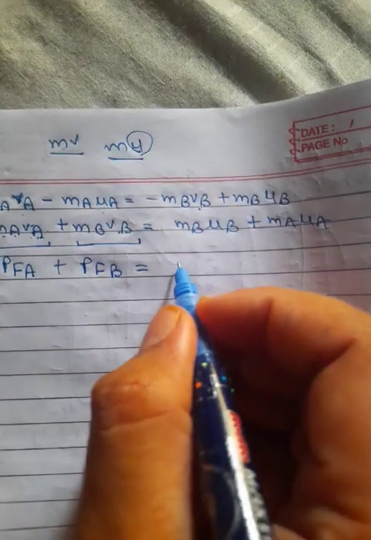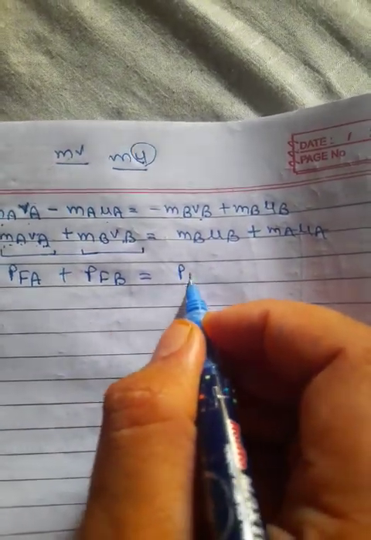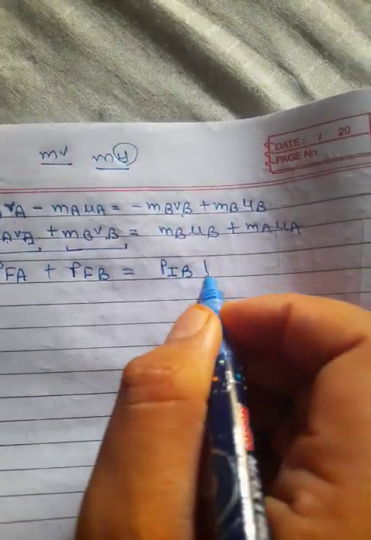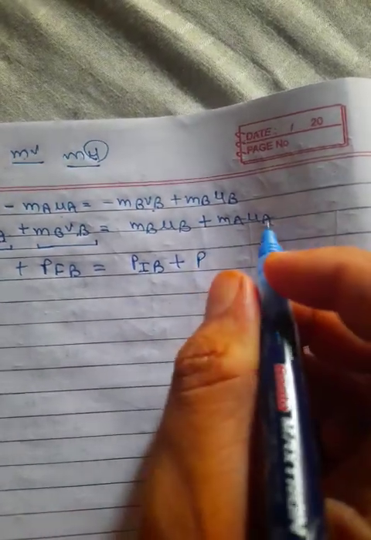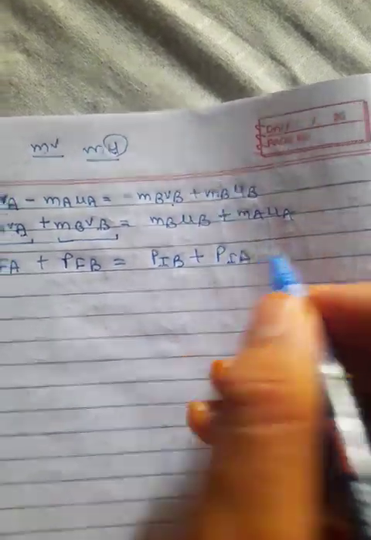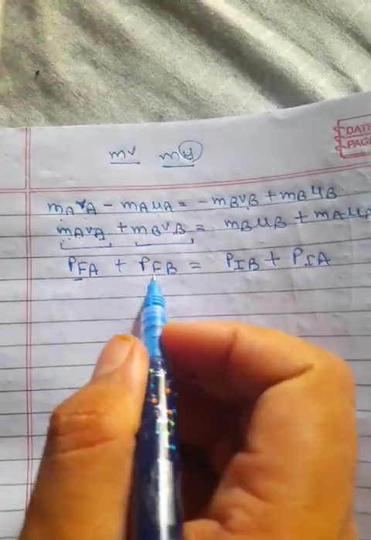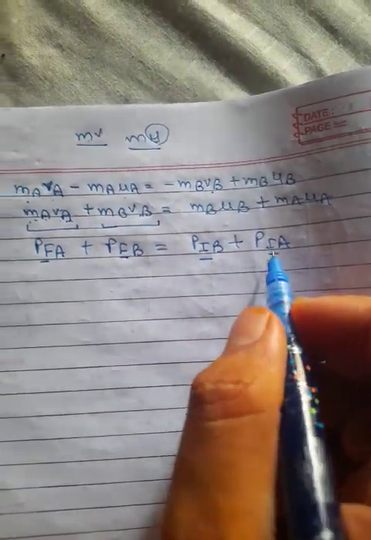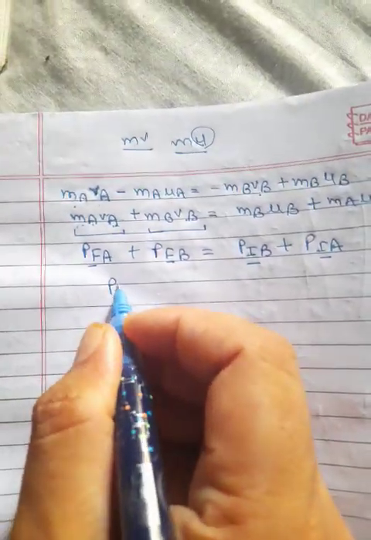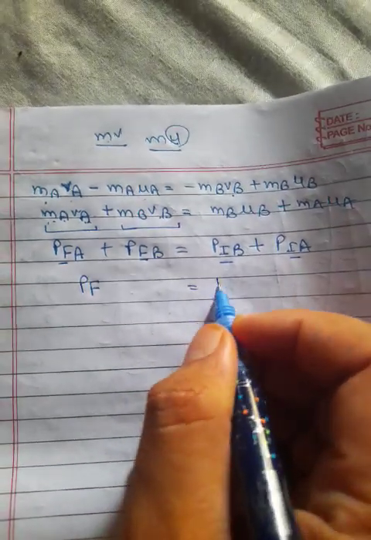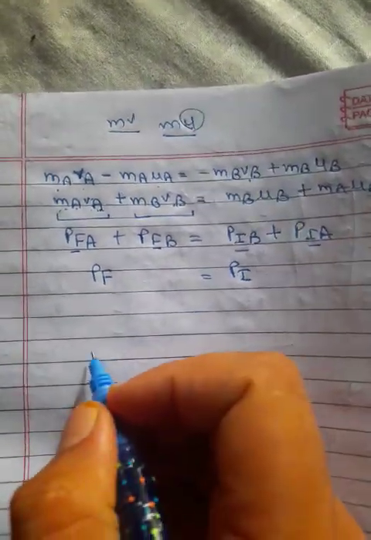Same thing, initial momentum of B object, initial momentum of A object. So you can see here final with final, initial with initial. So this total final momentum is equal to total initial momentum.